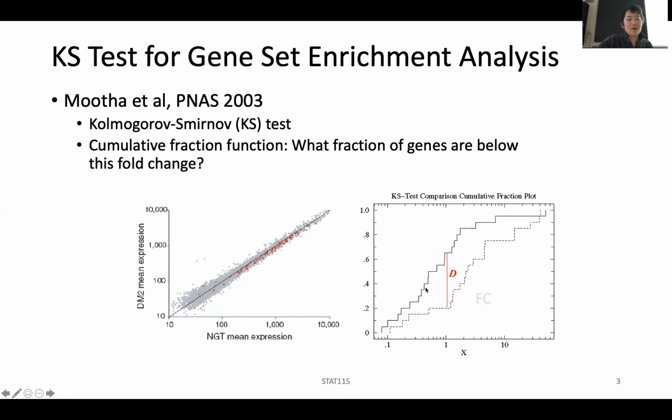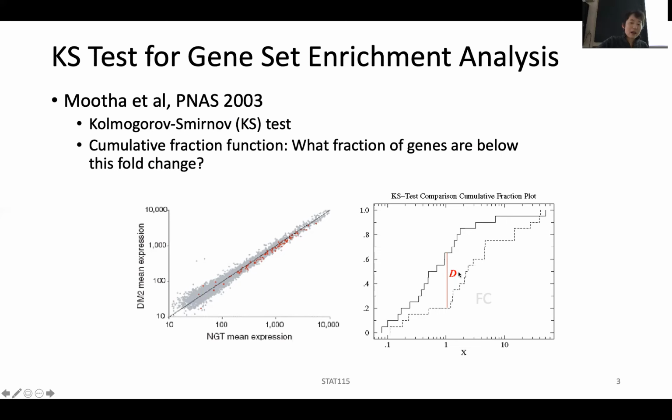Then you ask, for my gene set of interest, which is defined as sharing a particular gene ontology code, how many percent of these genes have a fold change. So the y-axis is the percentage of genes in this group that have a fold change below 0.1, below 0.5, below 1, below 10, and so on.